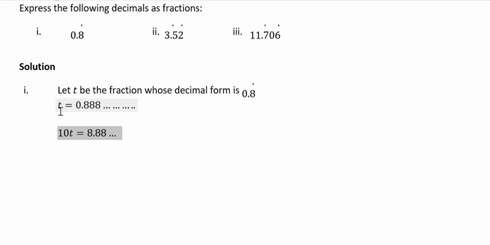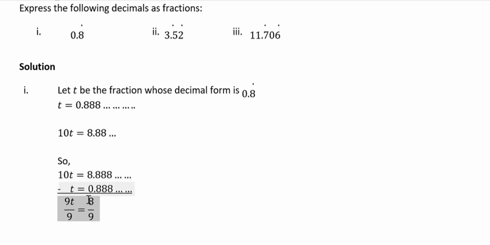The next step is to subtract the initial decimal that we have, subtract it from this. So we shall have 10t is equal to 8.888 minus this one. When you subtract, you get 9t is equal to 8, and these ones will cancel one another.